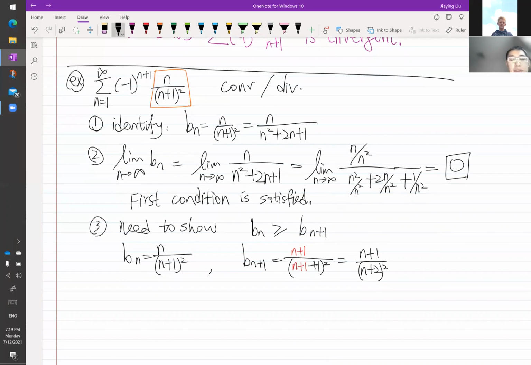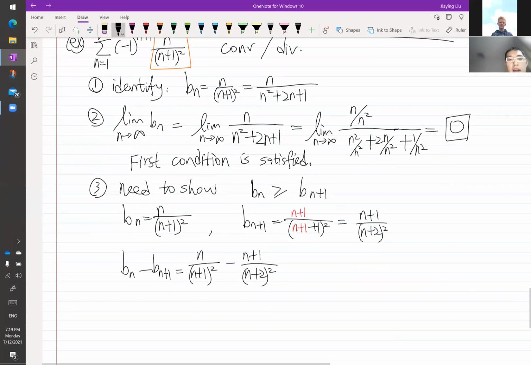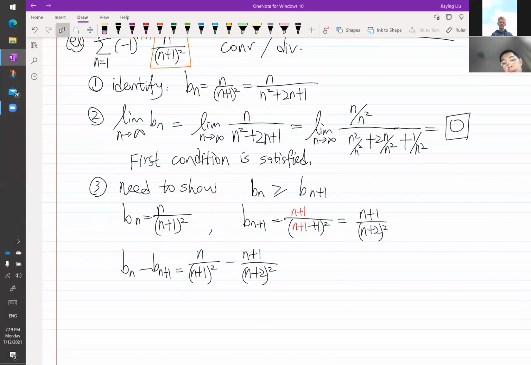So next, I'm just going to find the difference. I'm going to find Bn minus Bn plus 1. So that will be n over (n plus 1) squared minus (n plus 1) over (n plus 2) squared. Then I'm going to try to find out whether this is positive or negative, because that will tell us whether Bn is bigger or smaller than Bn plus 1.